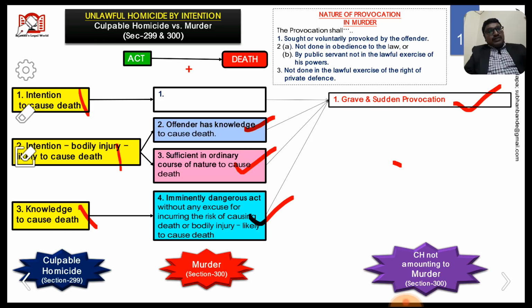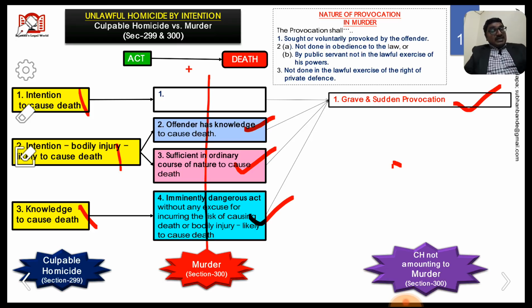If he causes the death of another person with intention, or with intention to cause bodily injury, or with the knowledge to cause the death, with any of these mens rea, but such grave and sudden provocation was voluntarily provoked by the offender himself, by the accused, then it is not a culpable homicide not amounting to murder, but it is a murder.